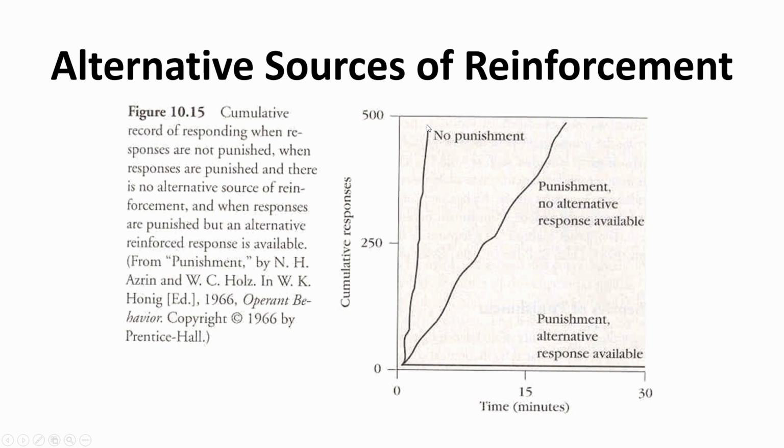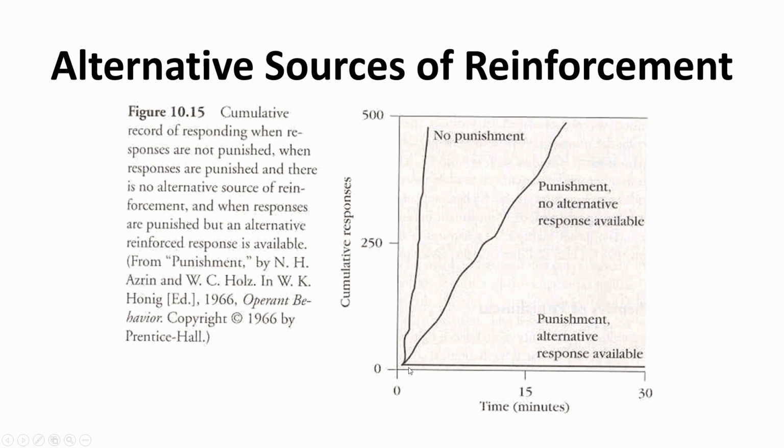If one of the levers is linked to a very loud noise and the other lever is locked, meaning they can't press it at all, we're still going to see some lever pressing. So this is punishment, but there's nothing else that they can do. There's no alternative response available. So they're still going to press the lever even though it leads to an aversive stimulus of noise.